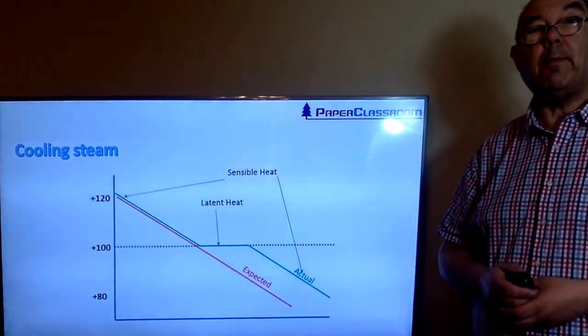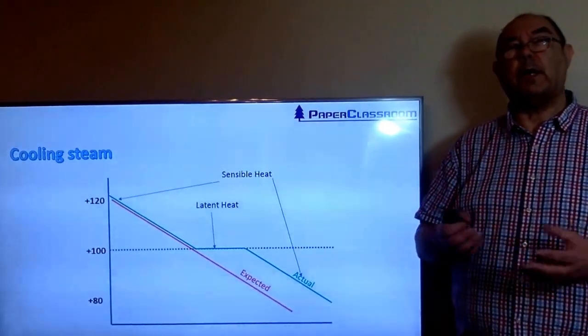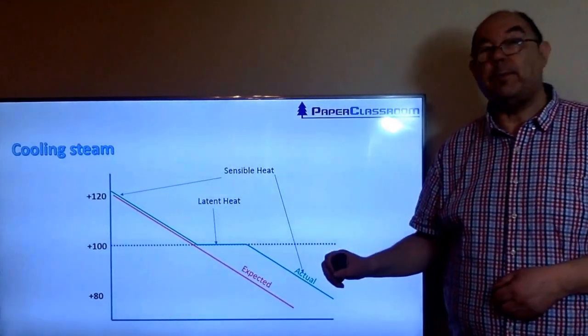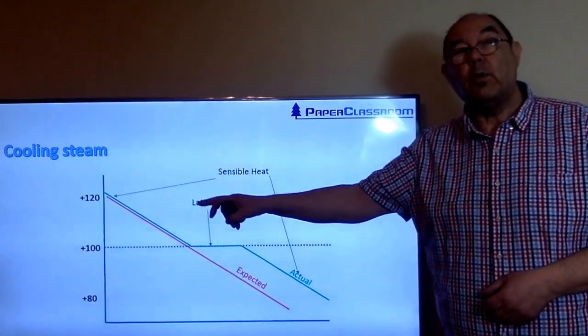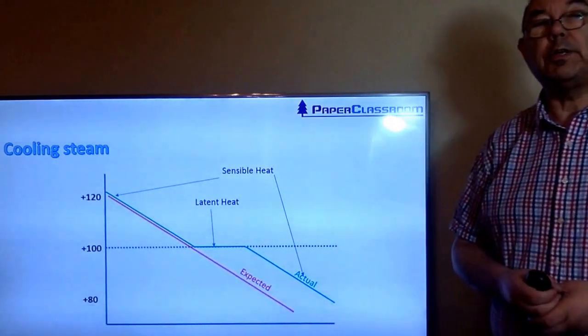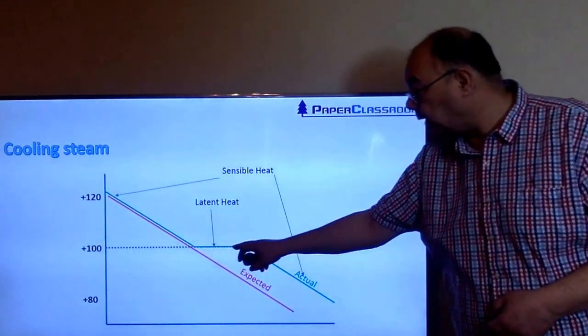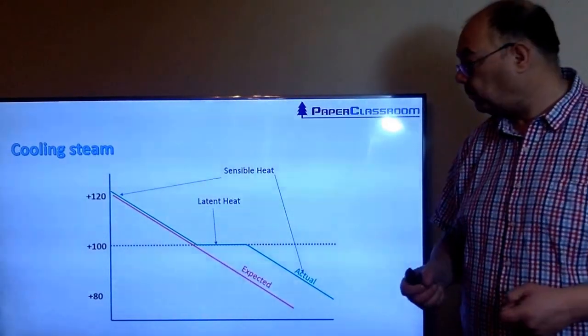If we look at it in paper making terms, much less of a safe experiment to do, rather than using ice and water, this is what happens in the paper industry. We're taking steam at a high temperature. It will cool down until it gets to, say, 100 degrees C. At that point, it will stop cooling down and all the steam will be converted into water.